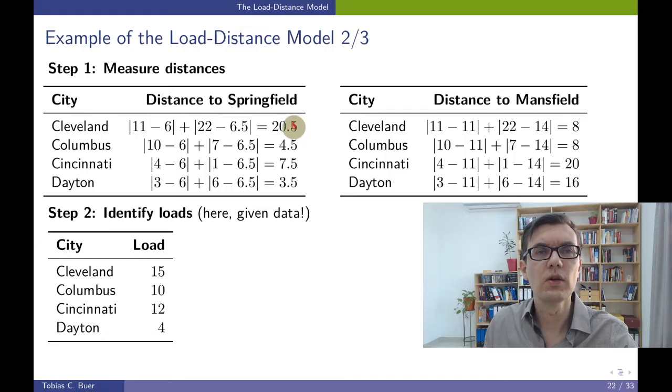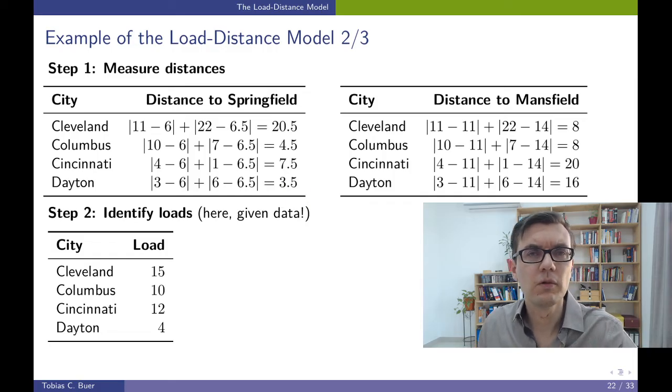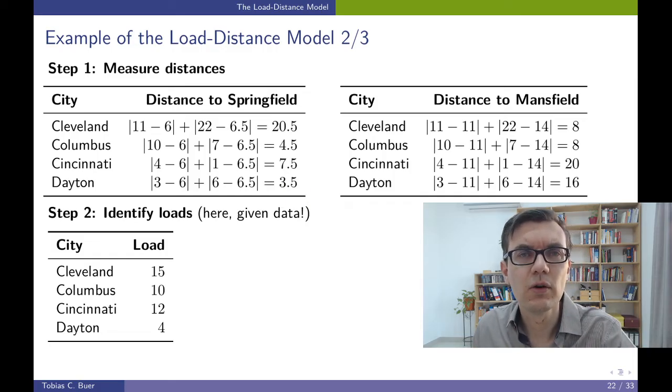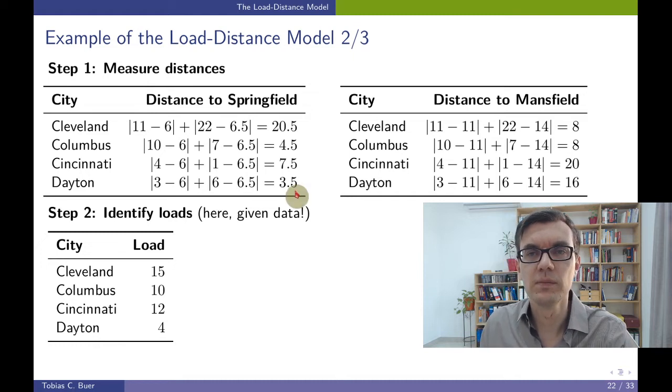So now we know that the distance between Cleveland and Springfield is 20.5 miles. The distance between Dayton and Springfield is 3.5. Of course, it goes without saying that I again use the rectilinear distance measure.